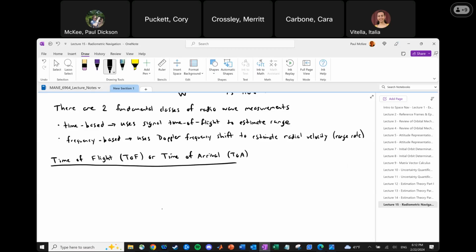Just wanted to formalize that. Estimate distance from transmitter to receiver by measuring the light time between them.